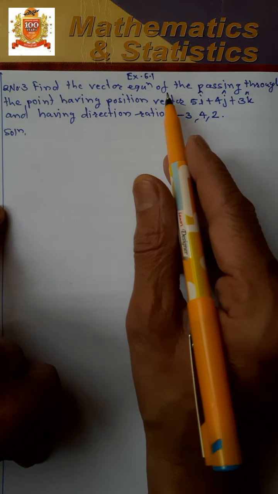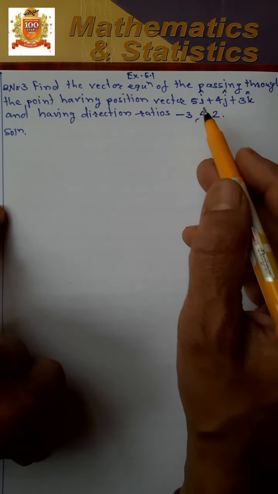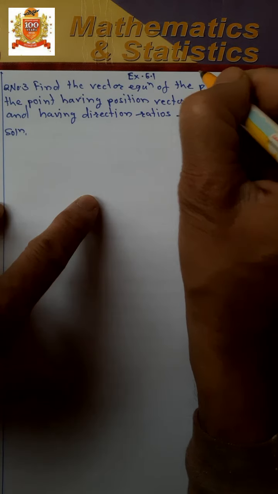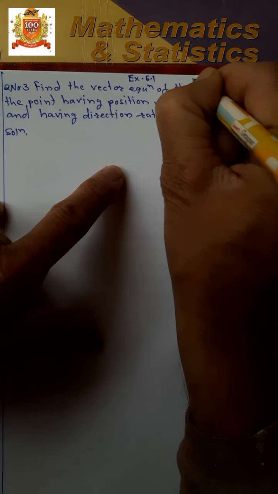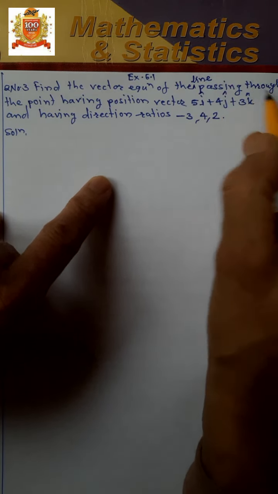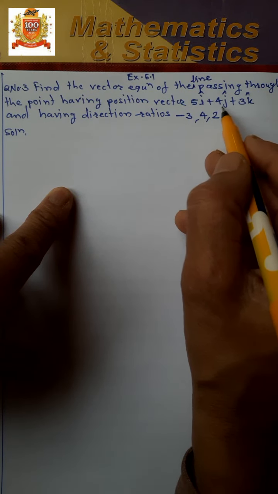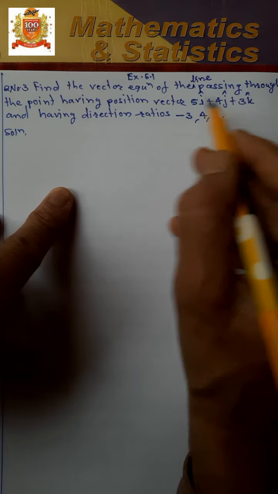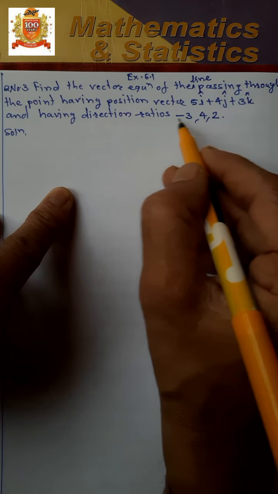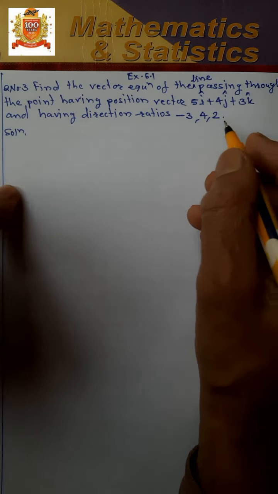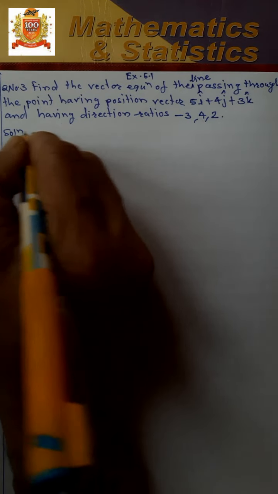Find the vector equation of the line passing through the point having position vector 5i plus 4j plus 3k and having direction ratios minus 3, 4, 2. Solution.